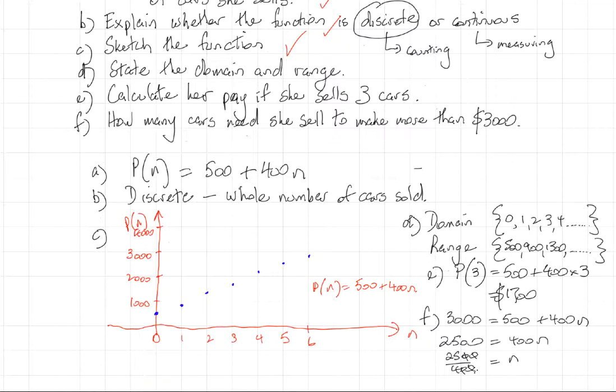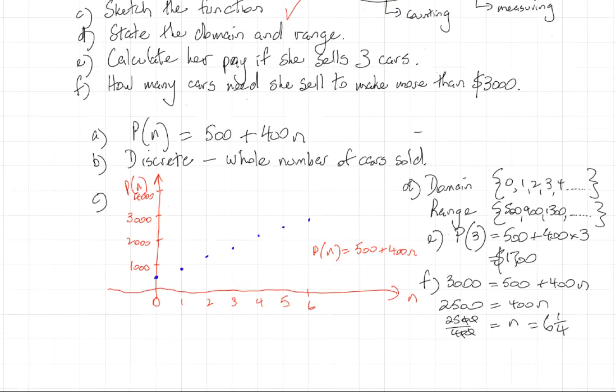We can divide top and bottom by 100 by crossing out 2 zeros top and bottom. So n is equal to, now what's that as a mixed number? 4 sixes are 24 and 1/4, or you can use your calculator to get 6.25. And so 6 cars is not going to cut it. 6 cars, she's going to be less than 3,000.